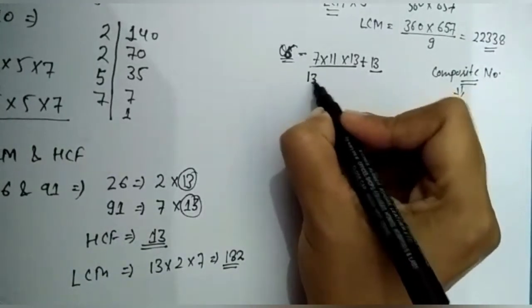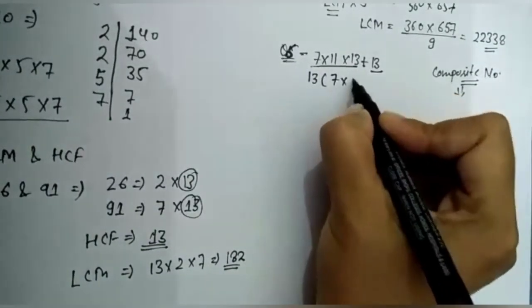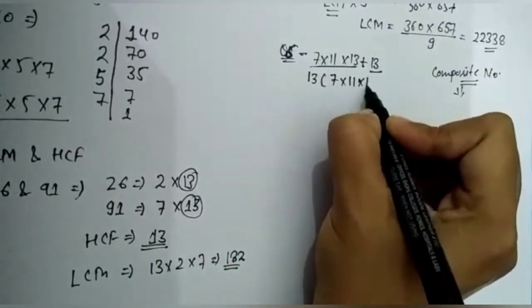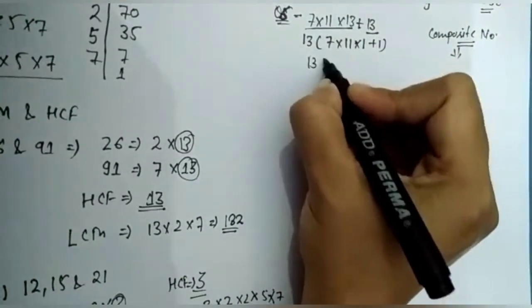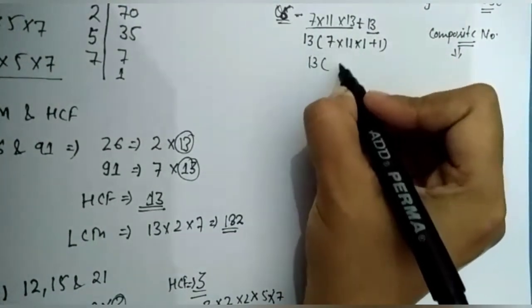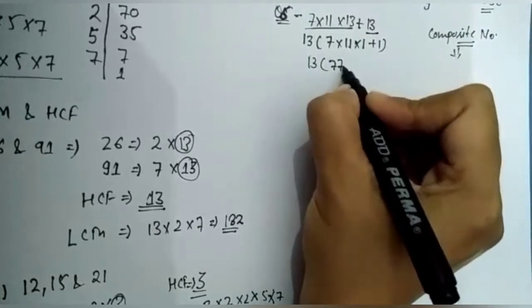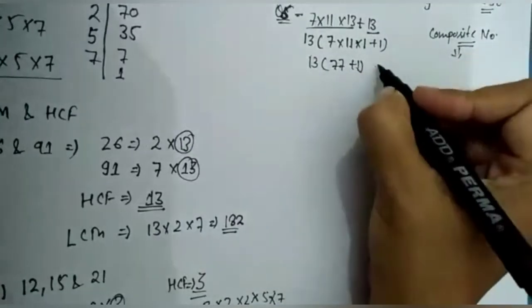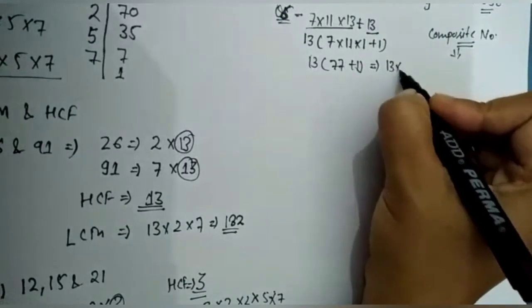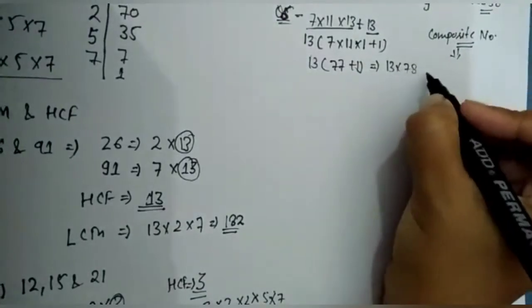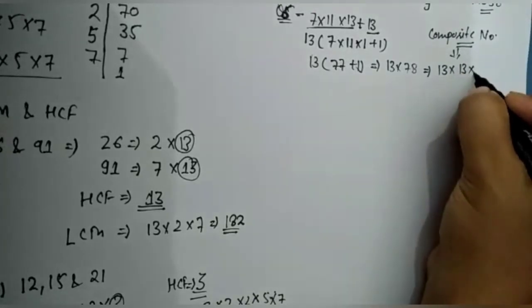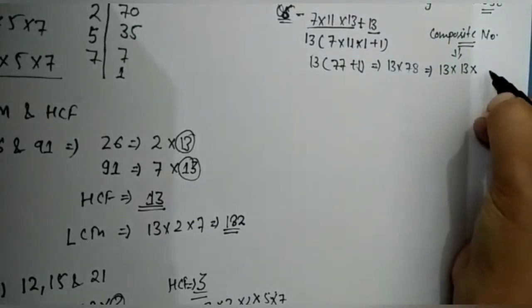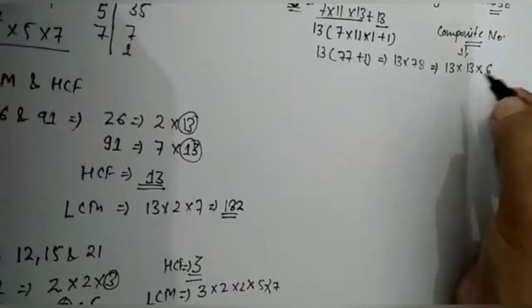We can take 13 common. Now we will get 13 into (7 into 11 plus 1), that is 13 into (77 plus 1), that is 13 into 78, that is 13 into 6 into 13, right?